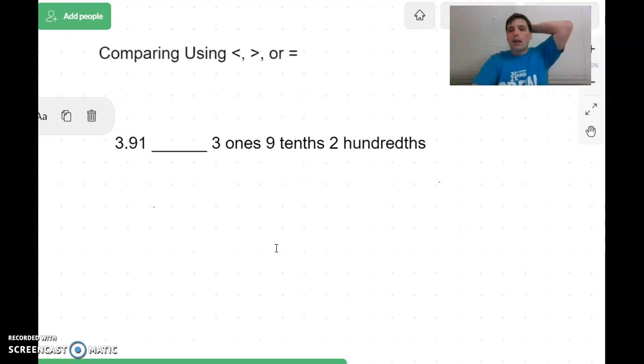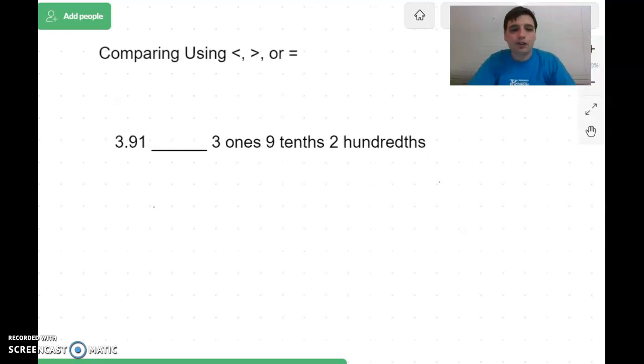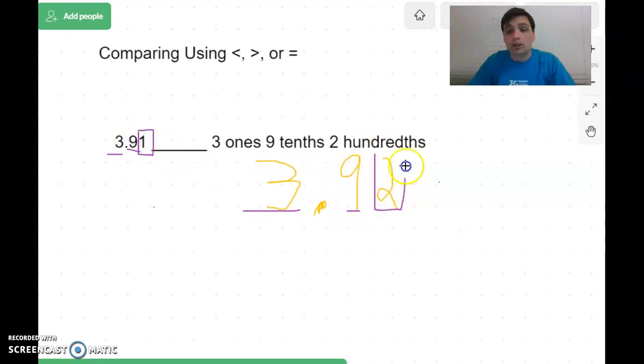Okay? When I have this kind of problem, like I said, our first step should be to write it in standard form. 3 ones, 9 tenths, 2 hundredths. I can compare that, like I've been doing: same number of ones, same number of tenths, different number of hundredths. 2 is bigger than 1, so my alligator mouth, I'm going to draw here for the first time in this video.